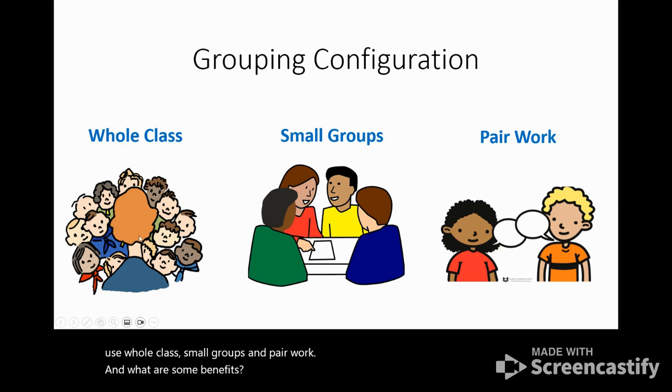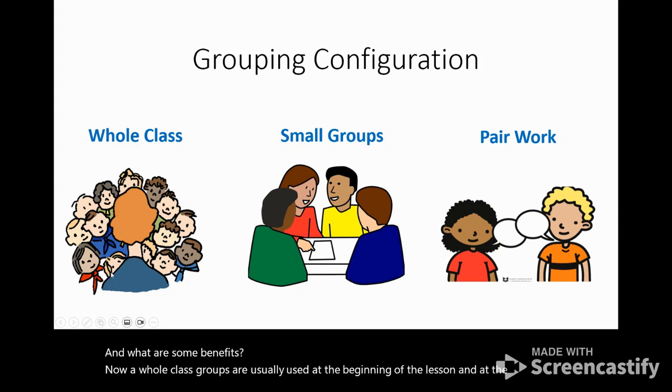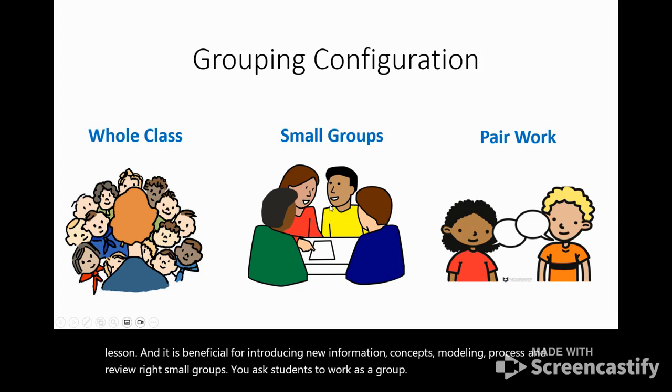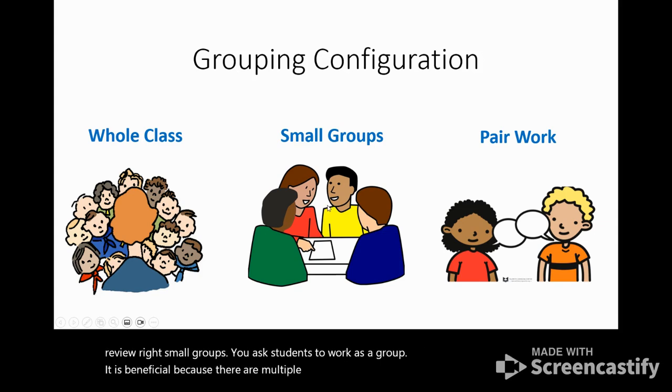Now, whole class groups are usually used at the beginning of the lesson and at the end of the lesson. And it is beneficial for introducing new information, concepts, modeling process, and review, right? Small groups, you ask students to work as a group. It is beneficial because there are multiple perspectives going on.